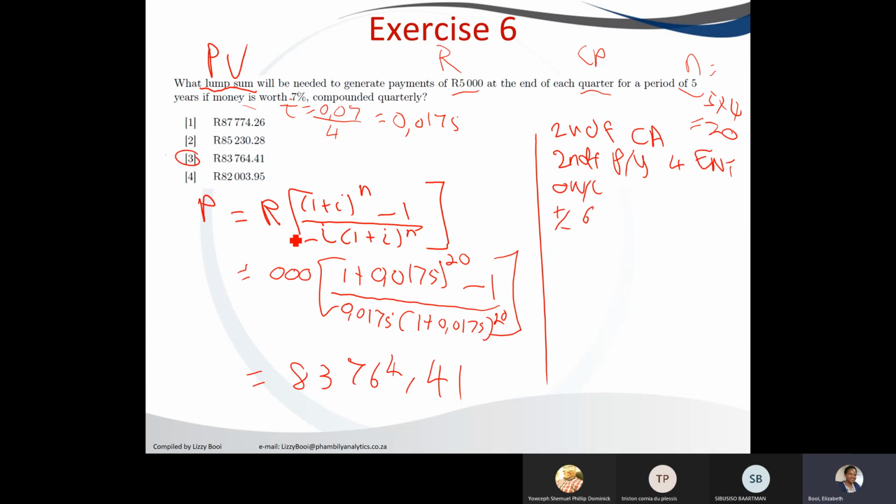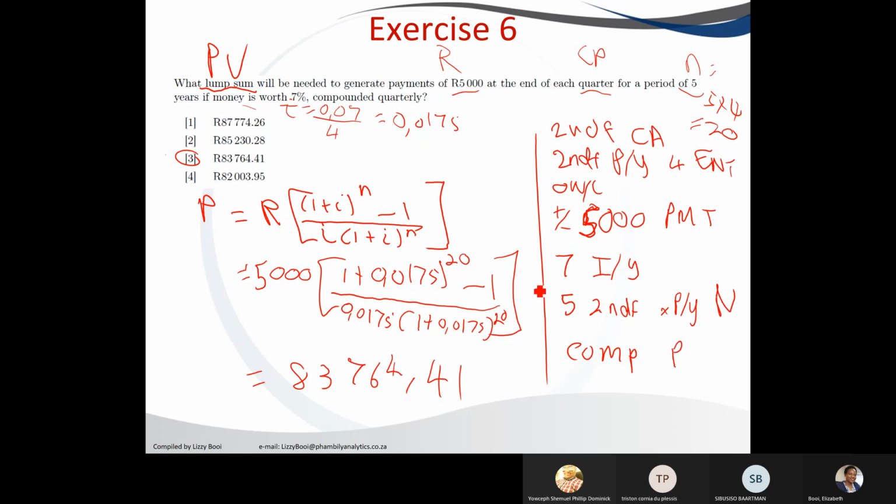That's 5,000, sorry, my bad. 5,000 for all of them. 5,000, and this is our PMT. And we say 7%, this is our I/Y, and it's 5 years. So it will be second function N, which is P/Y, and then press N again. Then comp PV will give you option number 3.